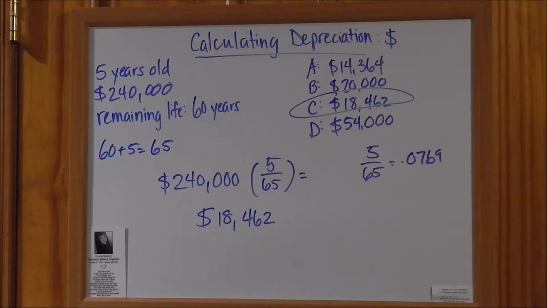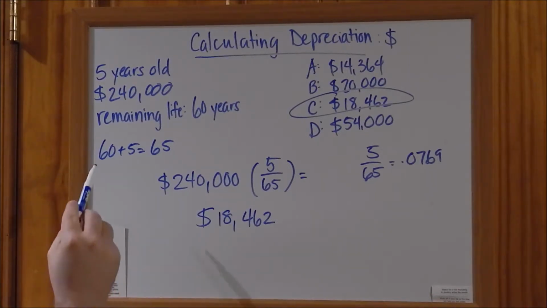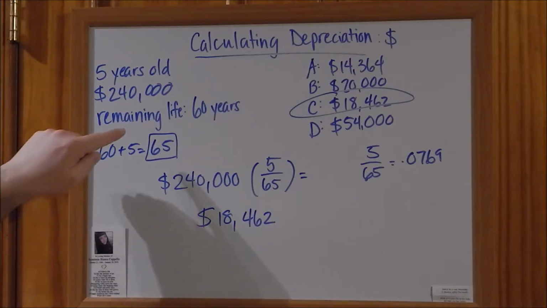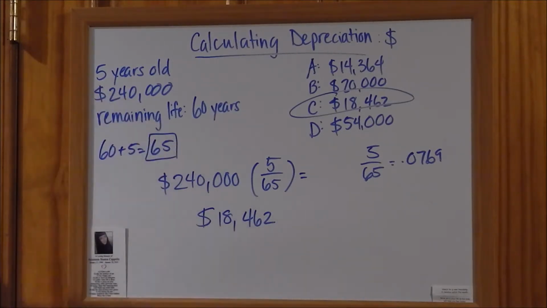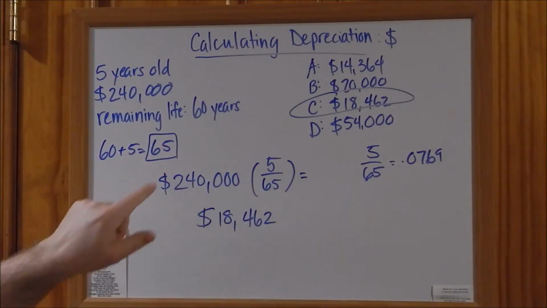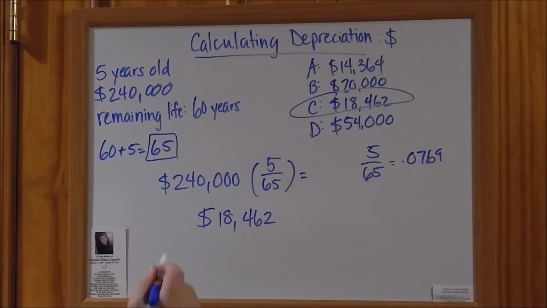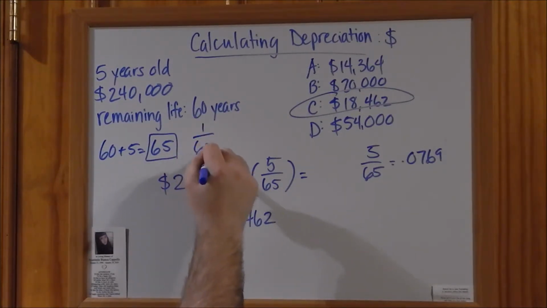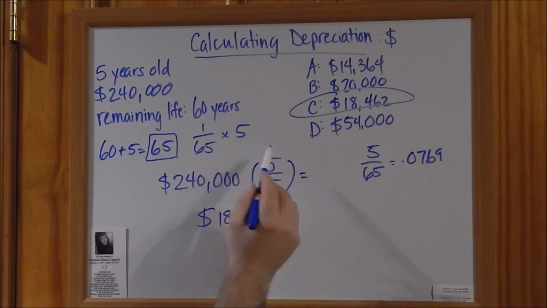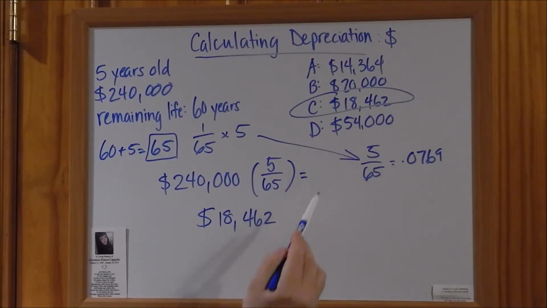Once again, what we had to do was find the total number of years for the estimated remaining life from the day that we bought the property 5 years ago. So we add the age of the property plus the number of years left to get that total number. Then we took 1 over 65 times the number of years that we have right now to get that 5 over 65 number.